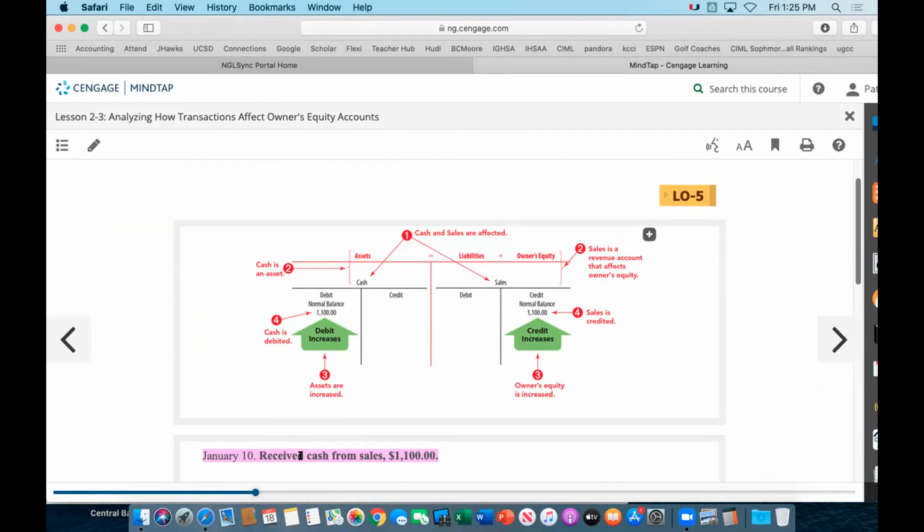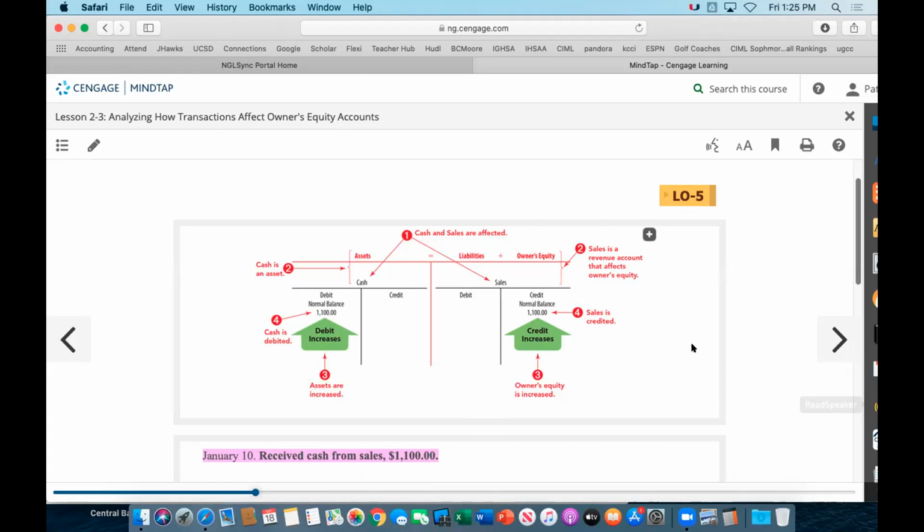We don't want all this out here. So 6, we receive cash. That's good for our business. From sales. Cash goes up, sales goes up. So that's what you'd write on 6. Debit cash, right? Because cash is an asset we increased.